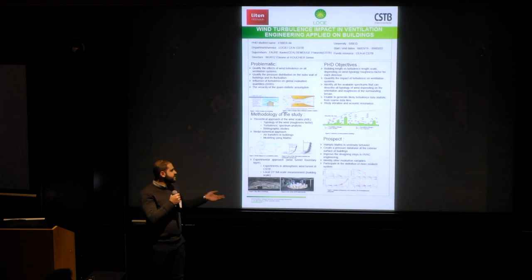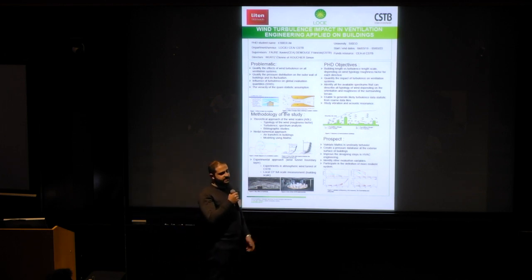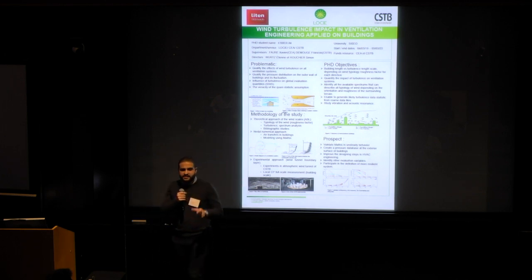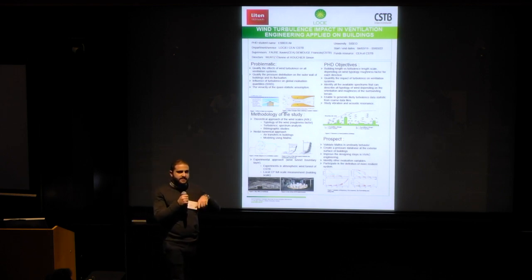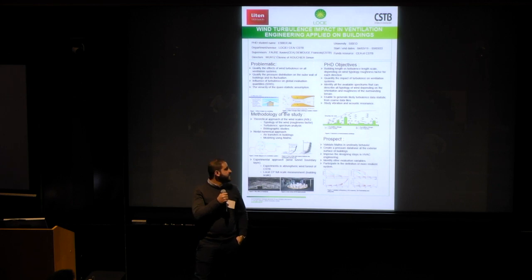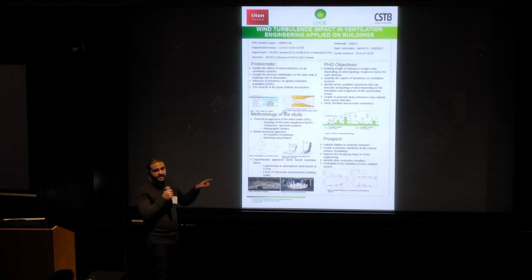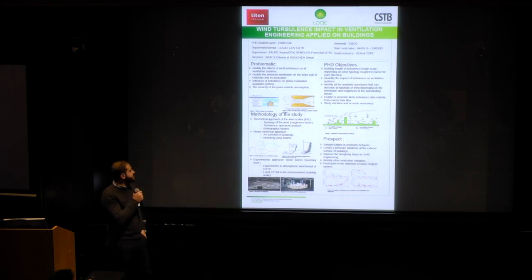We will prove that we cannot work with this quasi-static assumption, because when the wind turbulence enters the building, there is a turbulence frequency. We can see it before we reach the permanent regime.